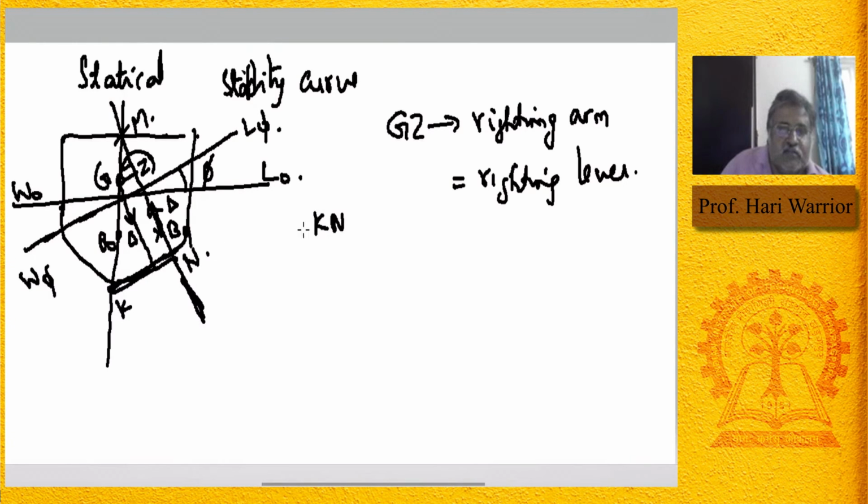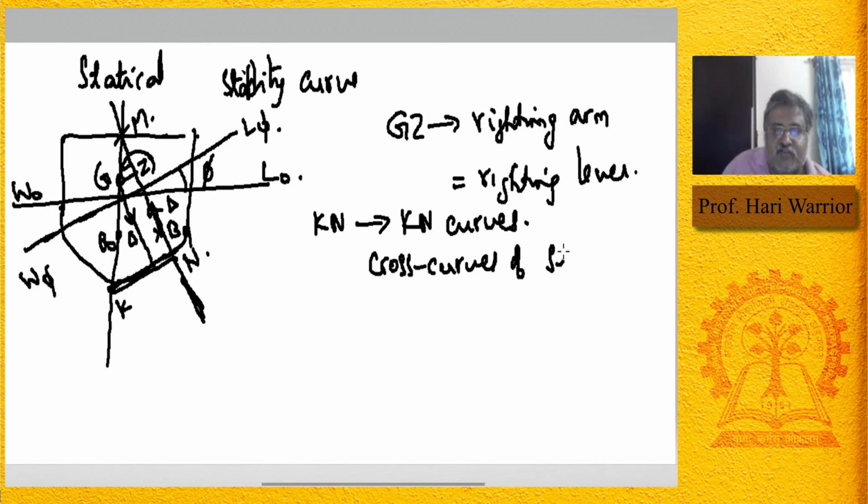KN produces a set of curves. I am coming into that in a later section, in one of the chapters. KN is used in the formation of what we call KN curves, and these curves are called the cross curves of stability.